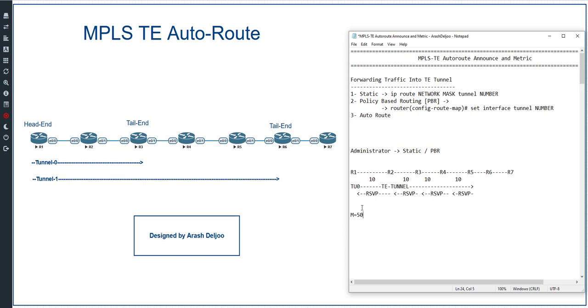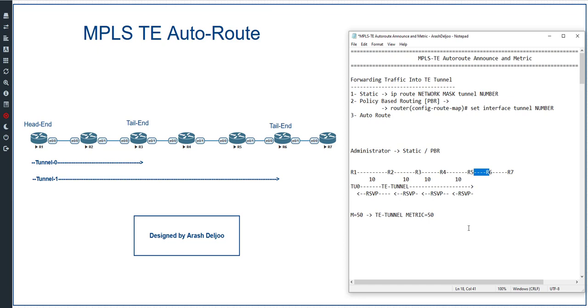This is the TE tunnel metric. And let me talk about the usage of this metric. For example, for reaching the link between R5 and R6, we have 50 plus 10: the TE tunnel metric plus the metric of this link.